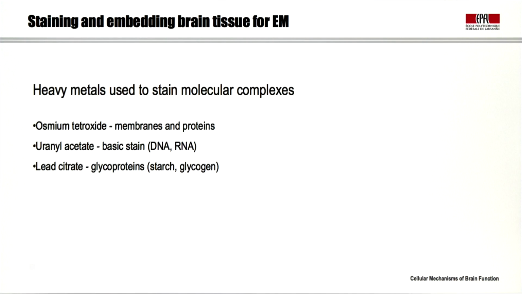So at this point we need to stain the material. So we introduce heavy metal stains into the fixed material. And typically for electron microscopy we use osmium tetroxide, which will stain very heavily the membranes and the proteins. We use uranyl acetate, which typically is a very basic stain, which will reveal the DNA and RNA.